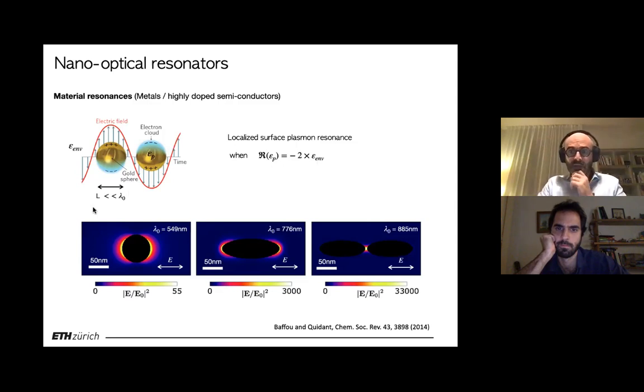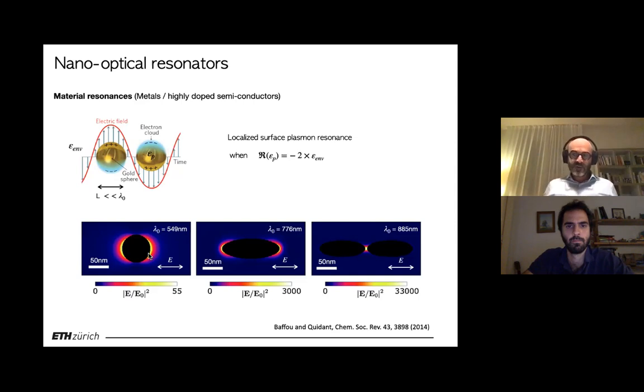And so what I'm illustrating here at the bottom are simulations that show the electric field intensity, actually the normalized electric field intensity, nearby different gold nanoparticles. If you look at the simulation on the left, where you can see a 50 nanometer diameter gold nanoparticle at the plasmon resonance, you can see that even more than these dielectric resonators that I was showing before, there is here the capability to really concentrate the light very strongly at the surface of the metal.